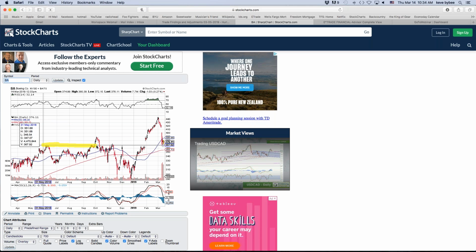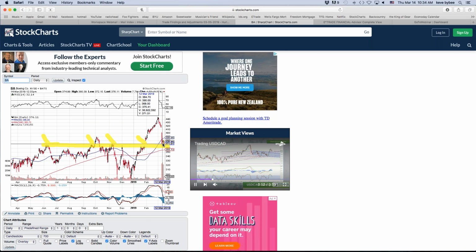Look at this. Right down to a big level of support. Right here, right here, right here, here. Of course, back here it was a level of resistance because it was having a tough time getting over this price, around 160, 170.